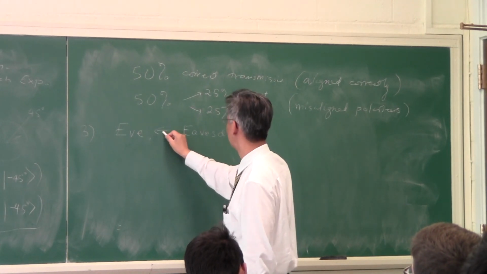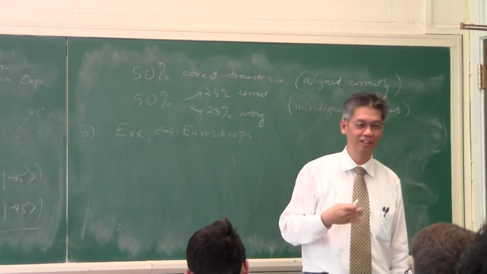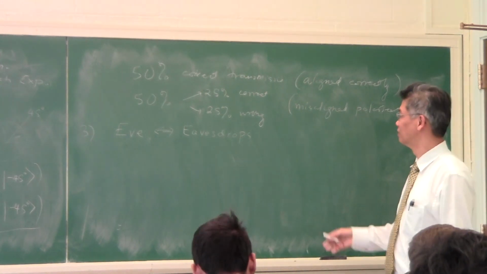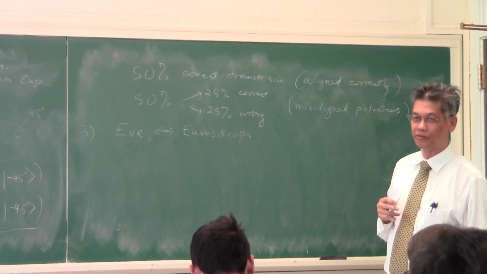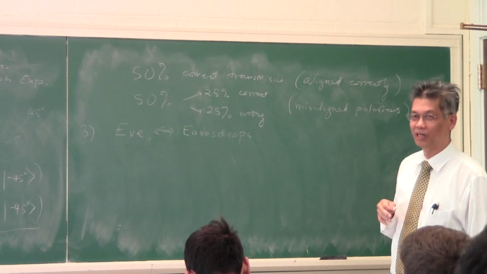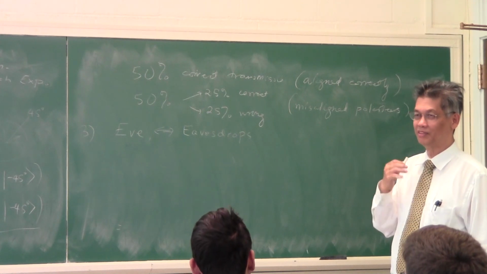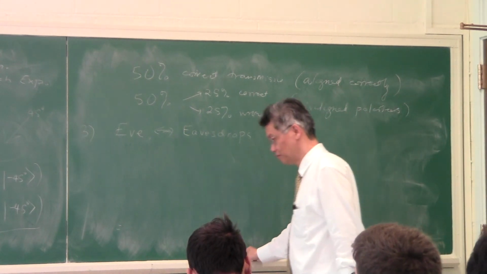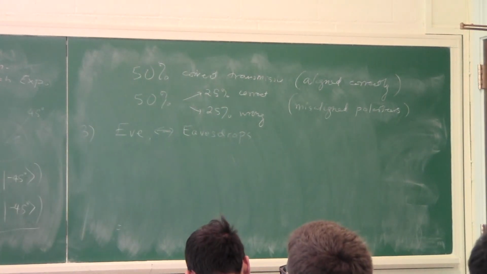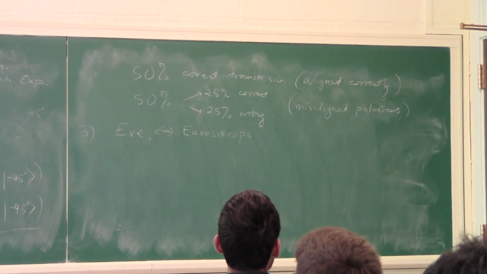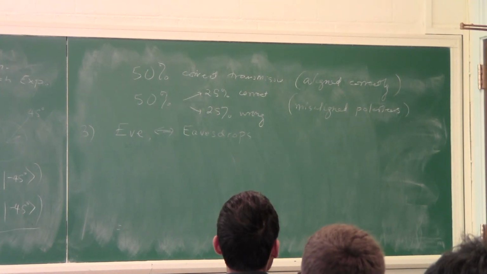If she eavesdrops and tries to interfere and intervene with this optical communication system, you'll find that this percentage ratio will be wrong. We'll come back after coffee break to look at what if Eve eavesdrops on the communication system. And if somebody tries to intervene, he or she will be discovered in this quantum communication system.